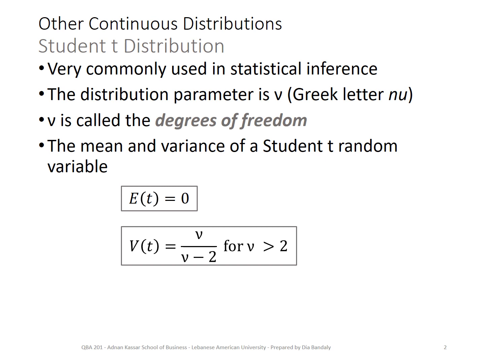The mean of the distribution is also zero, like the z distribution, and it has a variance equal to nu over nu minus 2, where nu, the Greek letter for n, is the degrees of freedom. Obviously these apply for nu greater than 2, otherwise the denominator will be negative, and the variance cannot be negative.